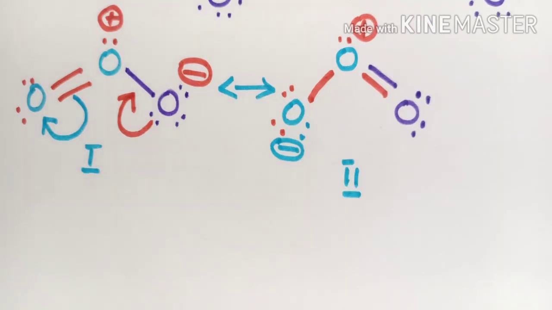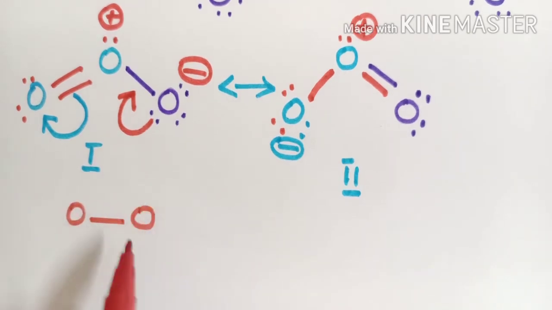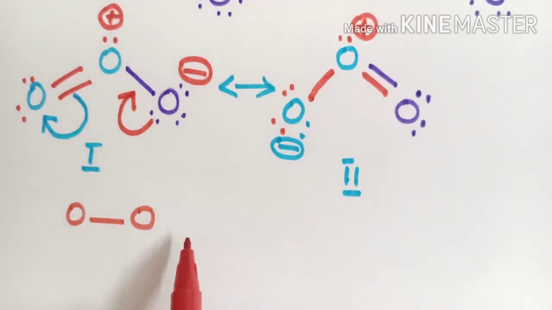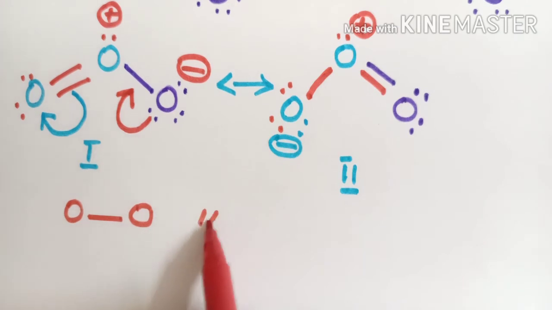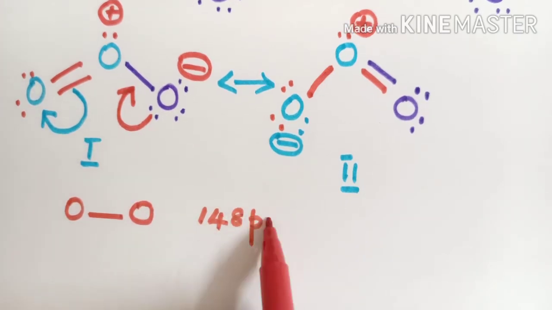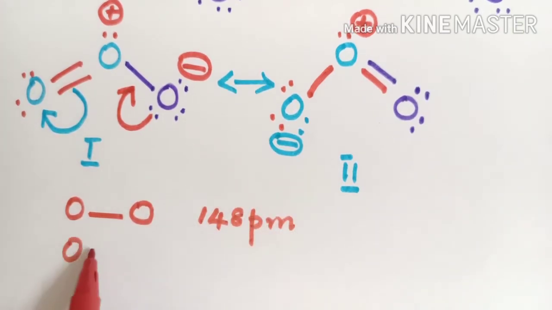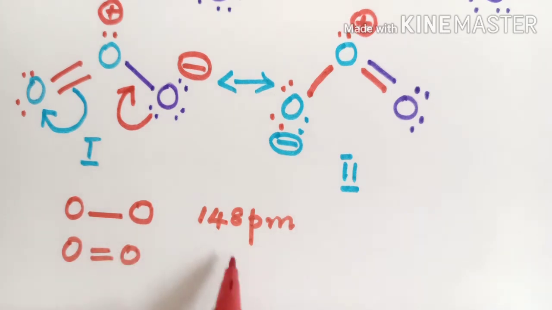According to the data available for oxygen atoms, you find that O single bond O is lengthier and it has a bond length of around 148 picometers, and that of O double bond O is 121 picometers.